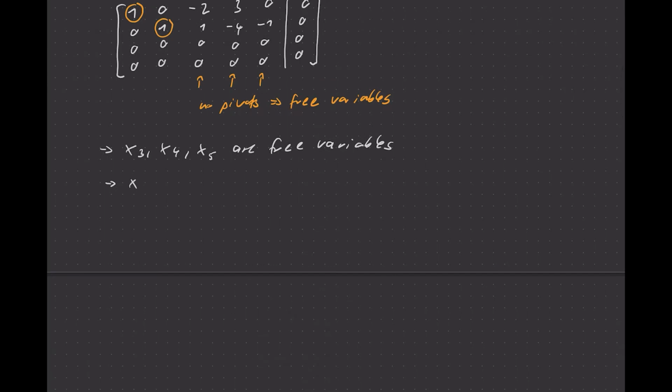So x2, we solve that second row here, we solve that for x2. And if we do that, we get x2 equals minus x3 plus 4x4 plus x5.